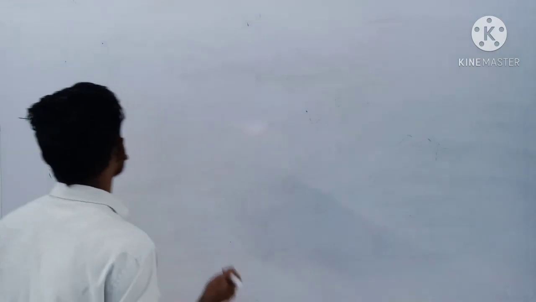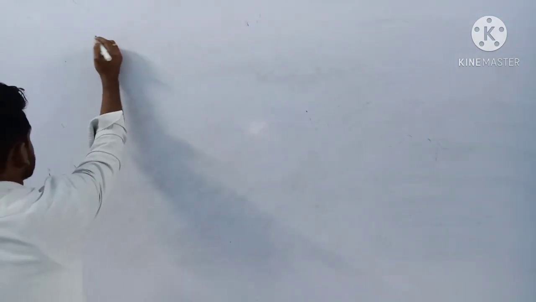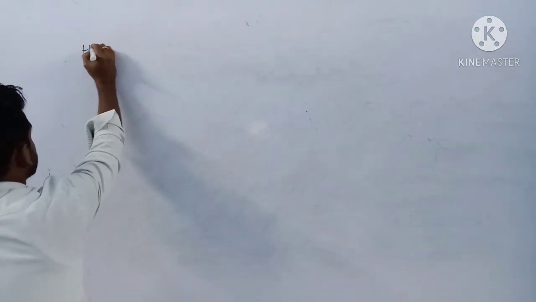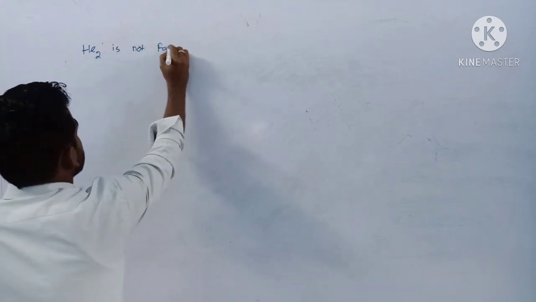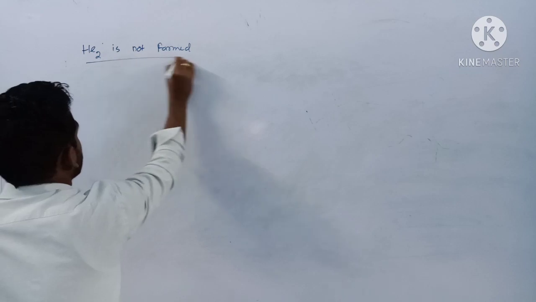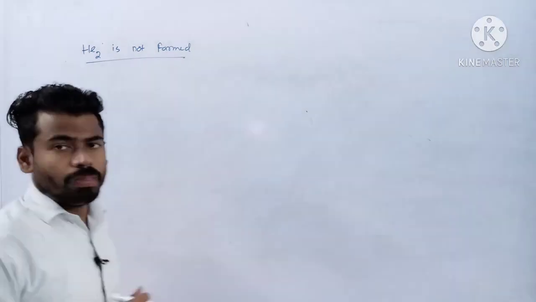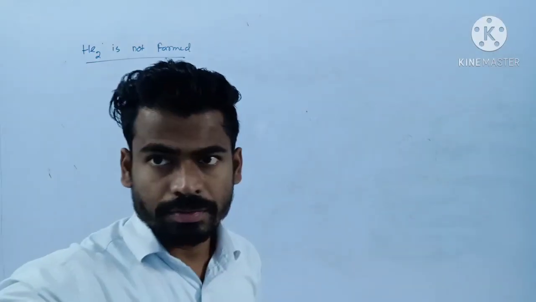Therefore, the formation of a helium molecule is not possible. Let us explain how this helium molecule is not formed on the basis of molecular orbital theory. So I can write over here, He2 is not formed.